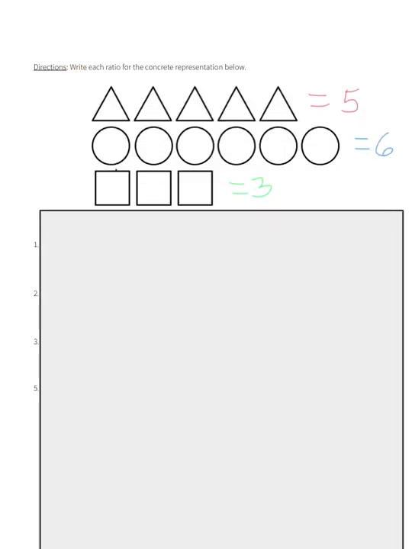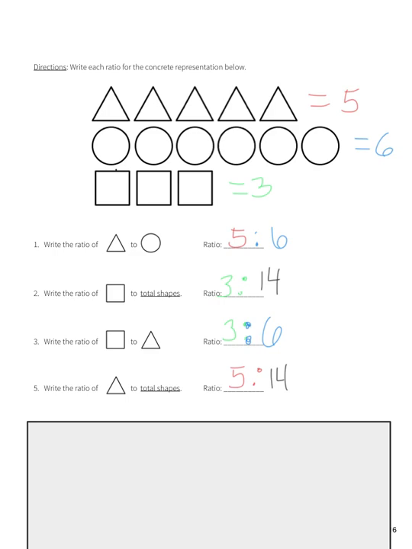Okay, on this page, you are going to use this concrete representation to create ratios. So please pause the video and answer the questions below on your own. Okay, let's go through the answers. We have our ratio here, triangles to circles, 5 to 6, 5 triangles, 6 circles.